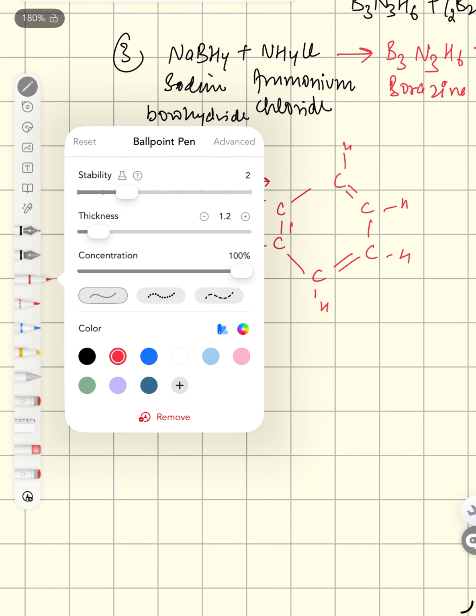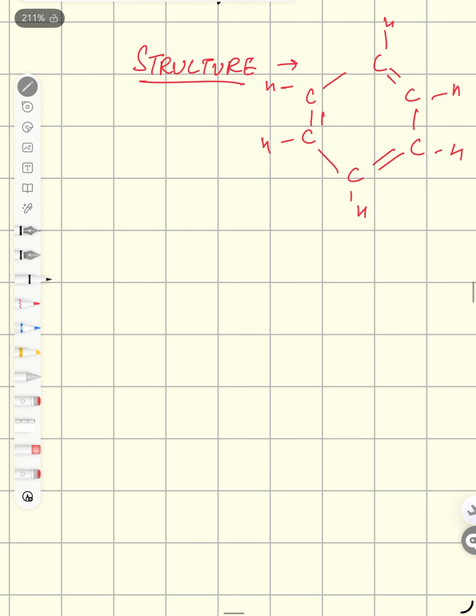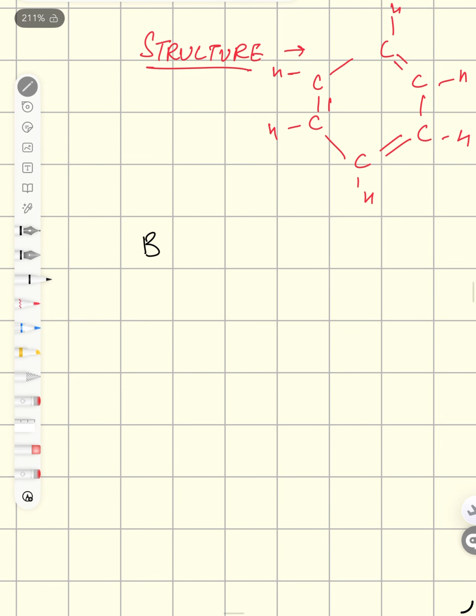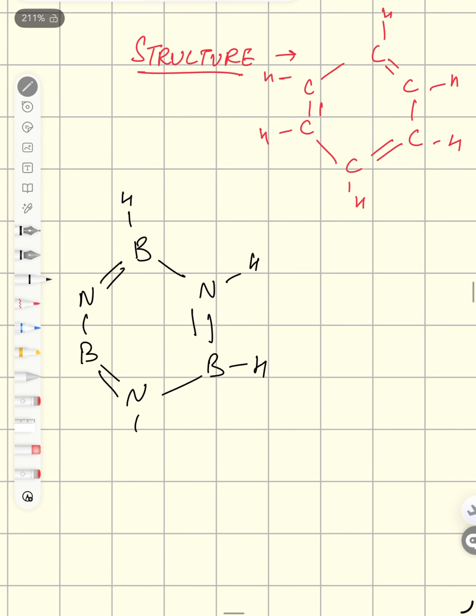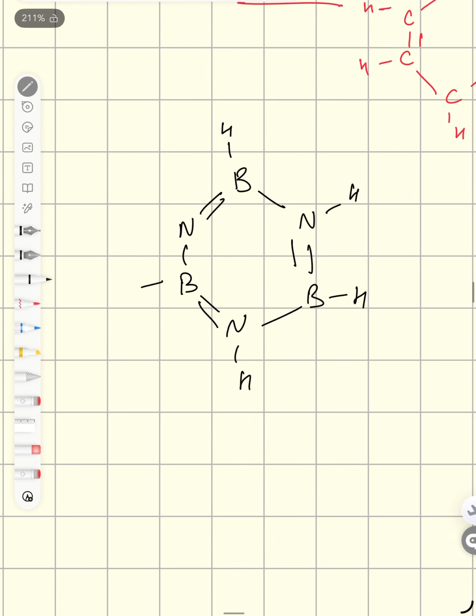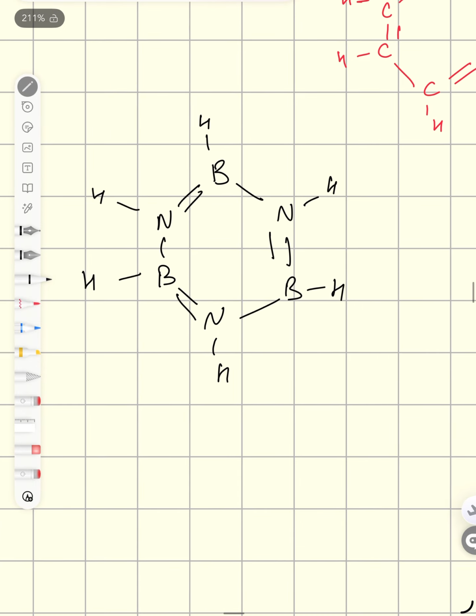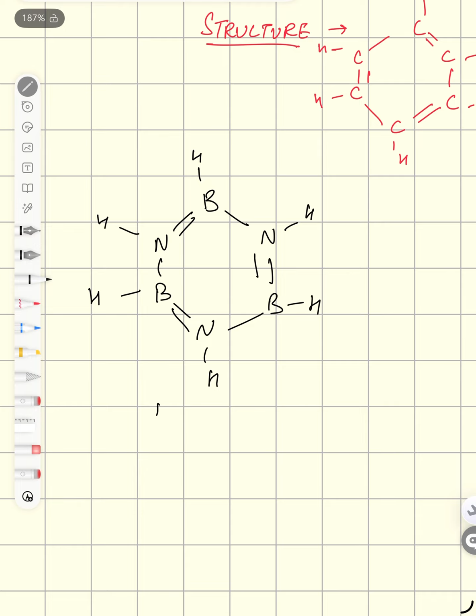Structure of borazine contains boron and nitrogen in alternate positions with the presence of alternate double bonds, and a hydrogen atom attached to every single boron and nitrogen. 6 hydrogen atoms, 3 nitrogen and 3 borons form B3N3H6.